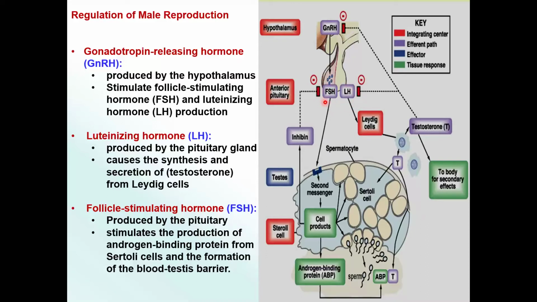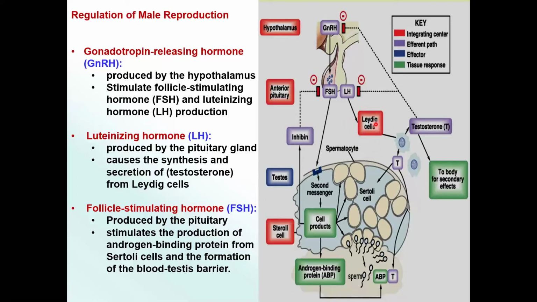And the gonadotropins are the FSH, that is the follicle stimulating hormone, and the LH, which is the luteinizing hormone. Now the LH will stimulate the Leydig cells. The Leydig cells are present here between the seminiferous tubules, sometimes called interstitial cells.